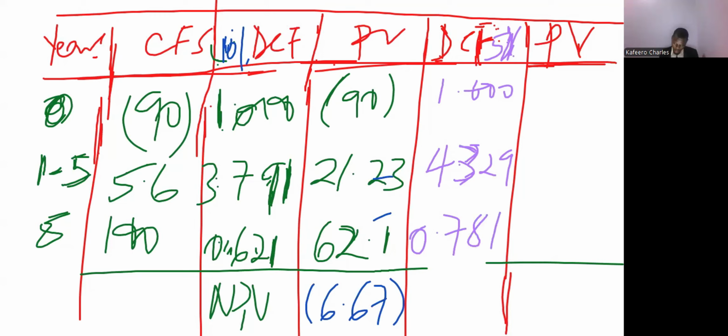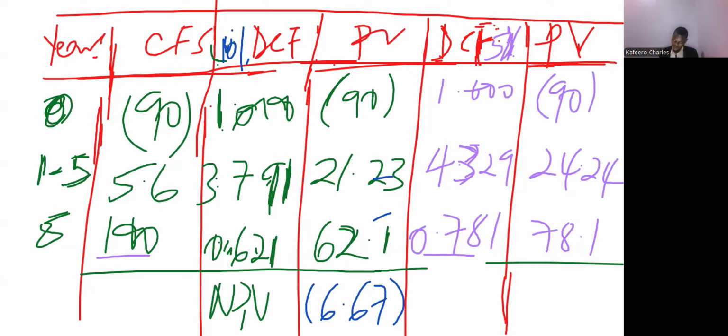So when you multiply 100 times this, it is going to give you 78.1. Then this one is going to give you 24.24. This one is 90, but it's a negative. So we get also the second NPV, which is 12.64. It is a positive. If you choose a lower rate and it doesn't give you that positive NPV, then you have to try again because it's trial and error.